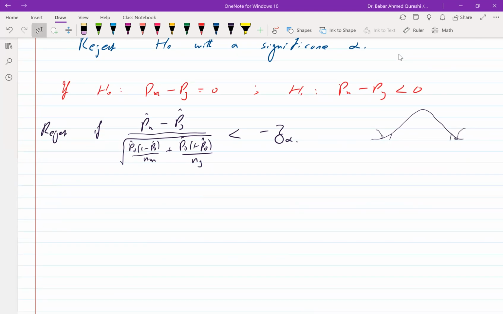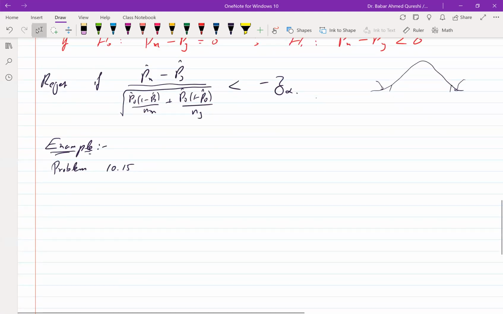So we can do, for example, let's do an example. So this is problem 10.15 from Newbold.